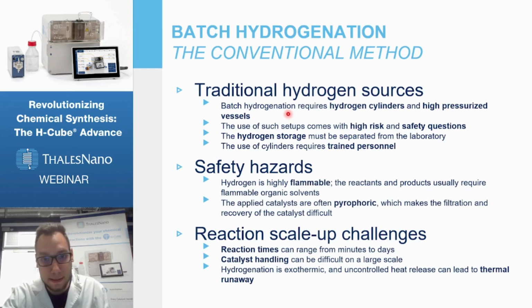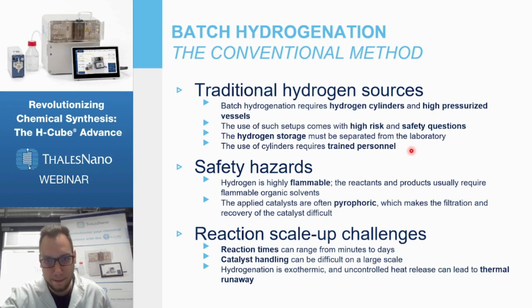So this carries a bit of risks with itself. It's got safety concerns as well, especially because of the combustibility of hydrogen and the difficulties that rise with scale up. We'll discuss all of these issues in a little bit more detail later. But it requires highly trained personnel to perform conventional batch hydrogenations still to this day.